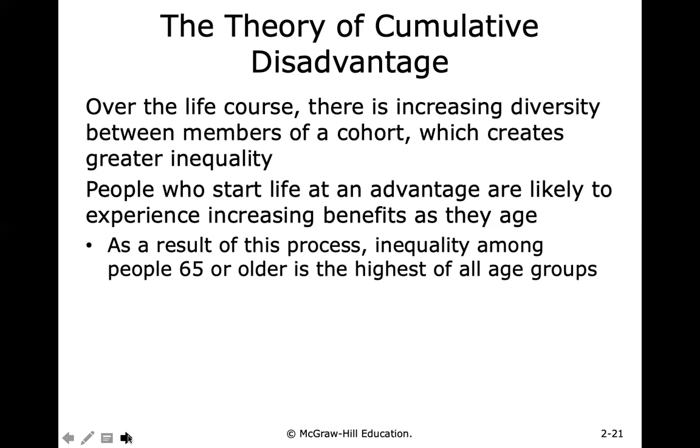So then when you have an older adult, 65 and over, who has had these advantages in their lives, versus an individual who has not had this advantage, the inequality is great. You may have an older adult who is living still at the poverty level.